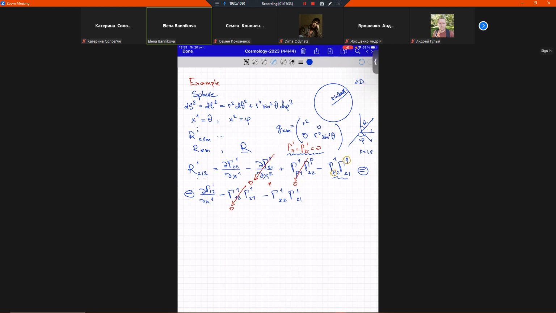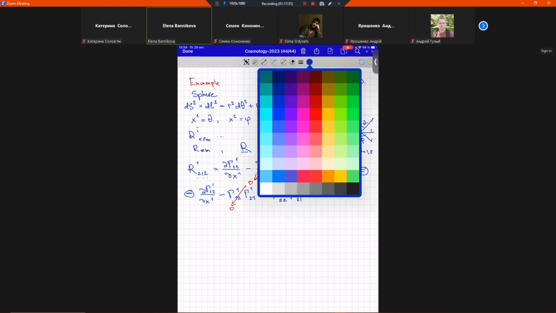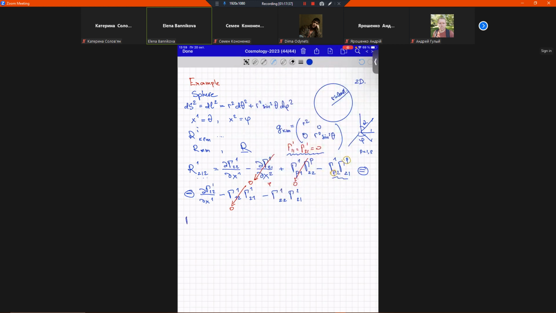You can very quickly show gamma 2 1 if you obtain it by the formula. Can you tell me the result for gamma 2 1?